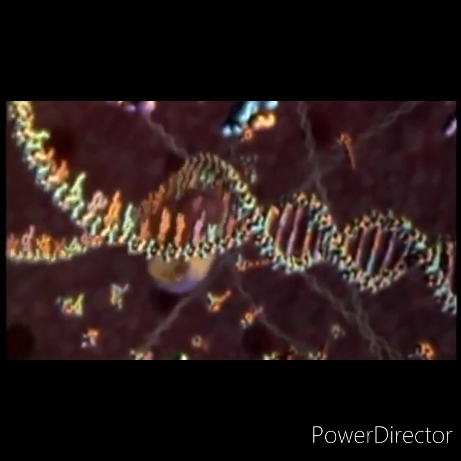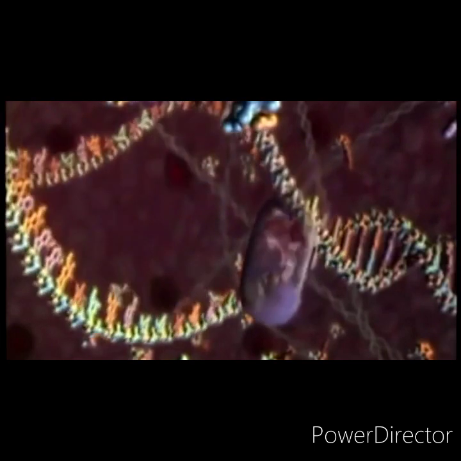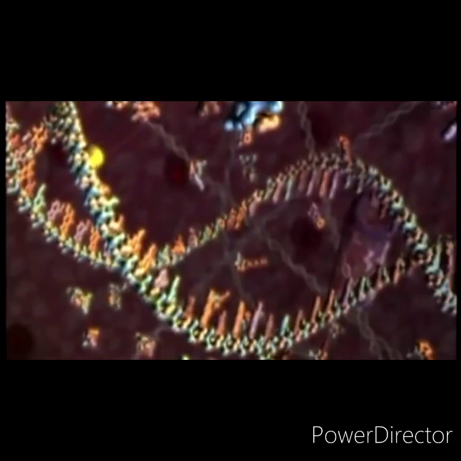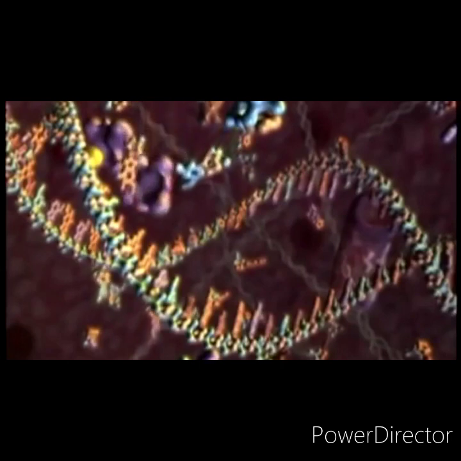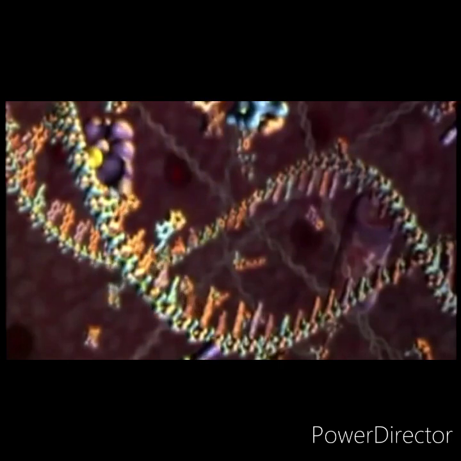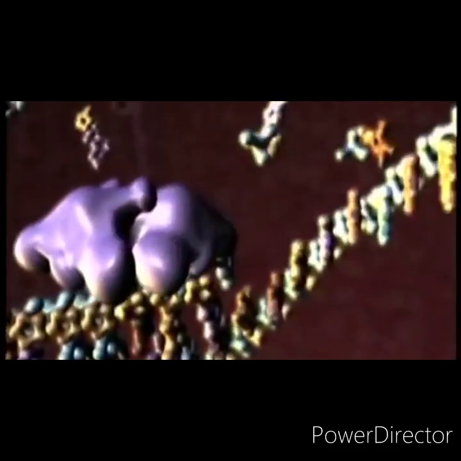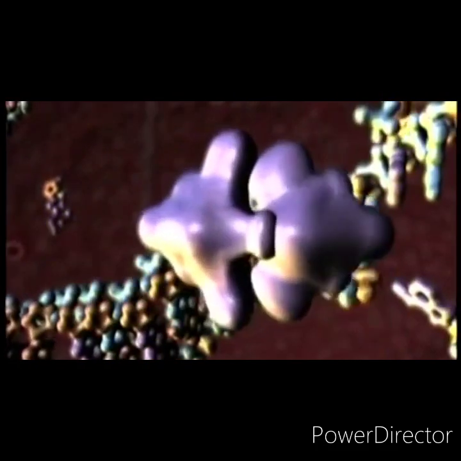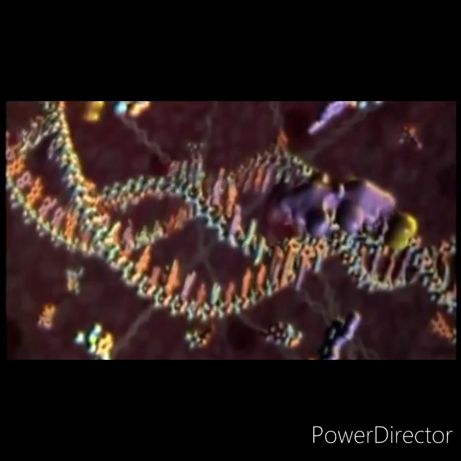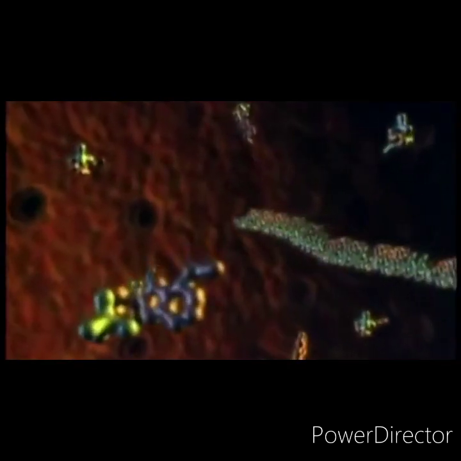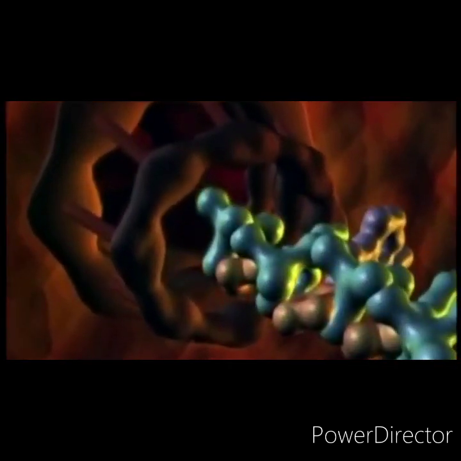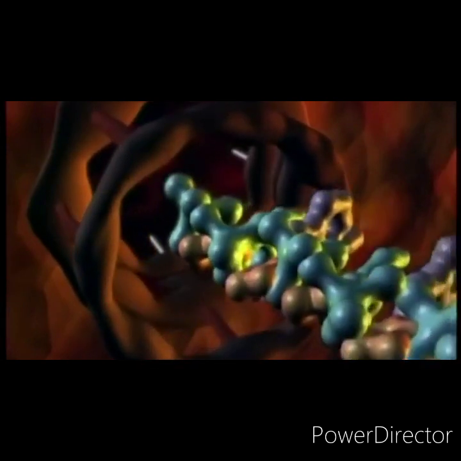In a process known as transcription, a molecular machine first unwinds a section of the DNA helix to expose the genetic instructions needed to assemble a specific protein molecule. Another machine then copies these instructions to form a molecule known as messenger RNA. When transcription is complete, the slender RNA strand carries the genetic information through the nuclear pore complex, the gatekeeper for traffic in and out of the cell nucleus.